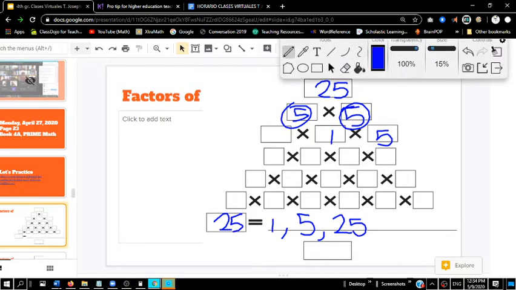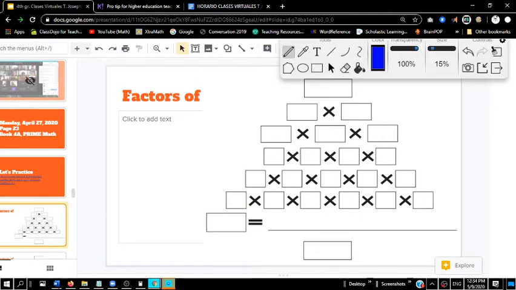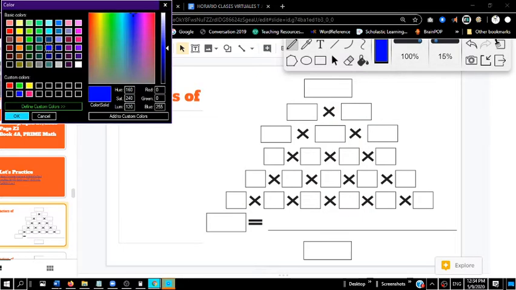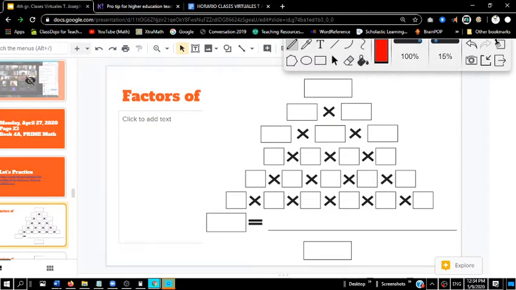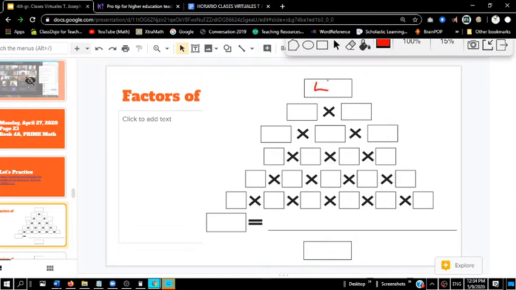Let's try another one. Let's pick a bigger number this time. How about 40? Well, I know that 2 times 20 is 40. And again, 4 times 5 is 20, and 2 times 2 is 4, and 1 times 5 equals 5.